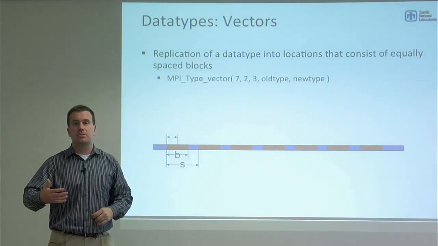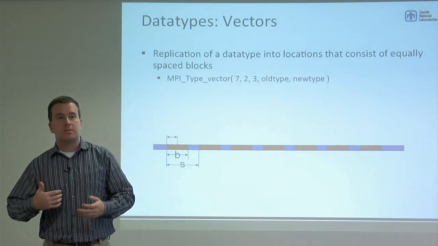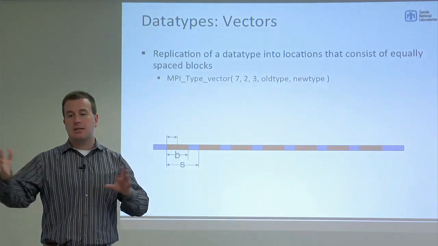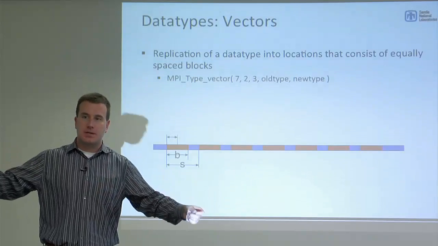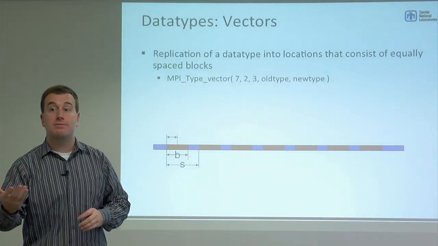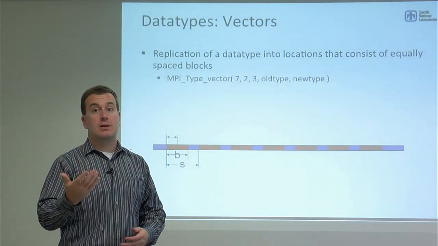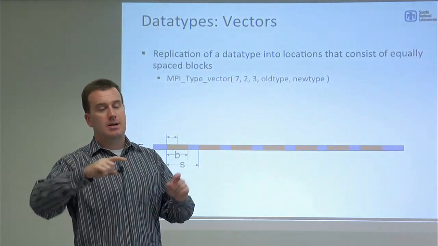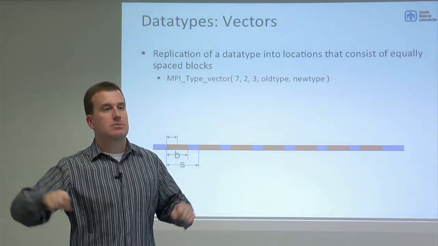You can do descriptions like that, which is very useful if you're, say, taking a 3-dimensional structure and smashing it into the 1-dimensional memory array, and you just want to send one face. Or you can describe a data type that sends that sparse face, or another one that describes the face where you have nice long rows.